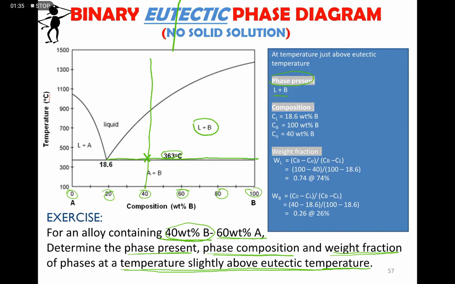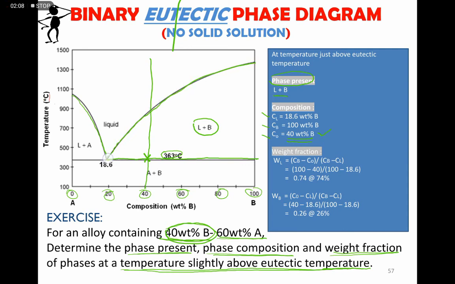The second one is the composition. So for your composition, you have Cl, Cb and also C naught. First, you can get C naught from your initial composition, 40 weight percent B. Next, look here. This is the liquidus line.